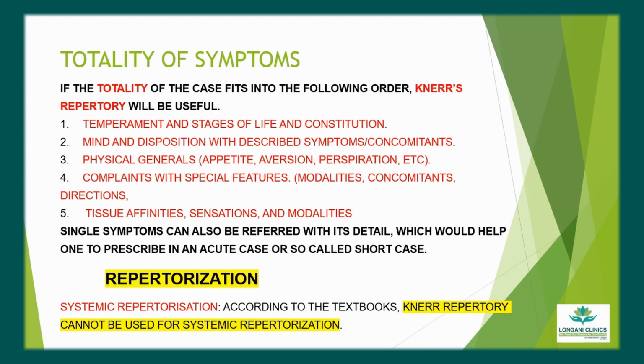Complaints with focal features, modalities, concomitants, directions. 5. Tissue affinities, sensations and modalities. A single symptom can also be referred with its detail, which would help one to prescribe in an acute case or so-called short case.